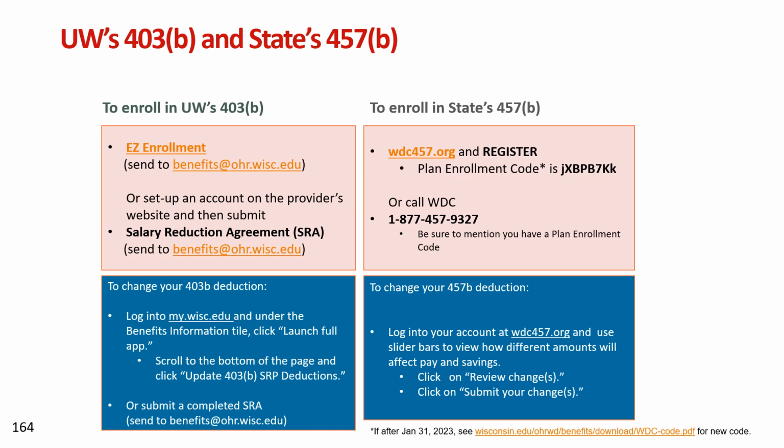So if you're viewing this video or enrolling at a later date, reach out to our office or review the code that we have available online for the updated version. Or you could call Wisconsin Deferred Compensation directly and give them the plan enrollment code over the phone to open and enroll your account. And then once established, you can make changes by increasing, decreasing, or pausing your elections, either with the 403B or the 457B, whenever you choose to do so.